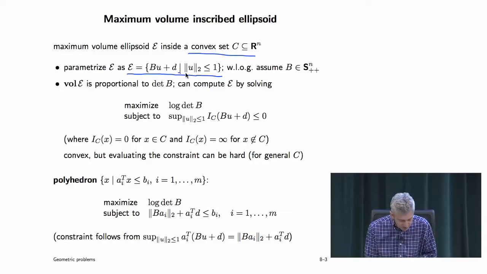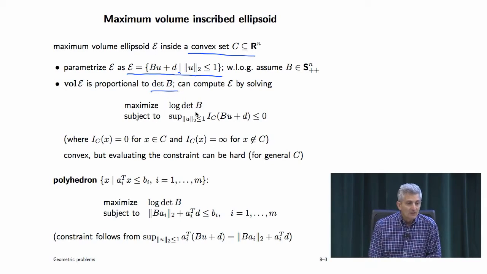So whenever you optimize over ellipsoids, it's actually kind of fun because it's not like a problem where something's just given to you on a platter. You have to figure out the appropriate representation to make it convex, if that even exists, right? So, okay, here's the forward image. And in this case, the volume is proportional to the determinant. We want to maximize it, so we maximize log determinant, right, which you recognize as tractable because log determinant is concave.